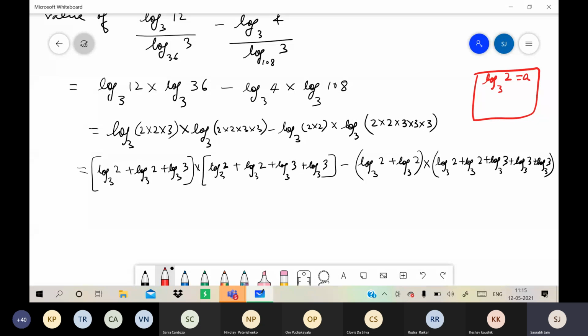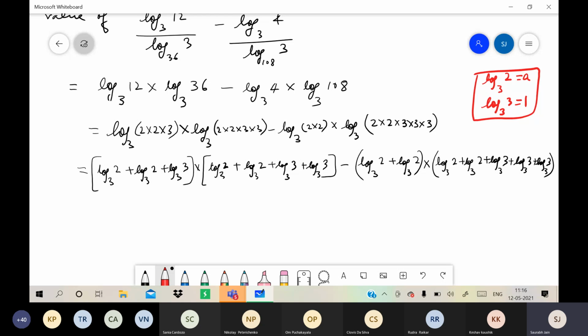Again I will put the value back. And log 3 base 3, I need not put anything because this is 1. Let us put these values here, and when I simplify, I will put the value of a again as log 2 base 3, and log 3 base 3 is 1 by the definition.